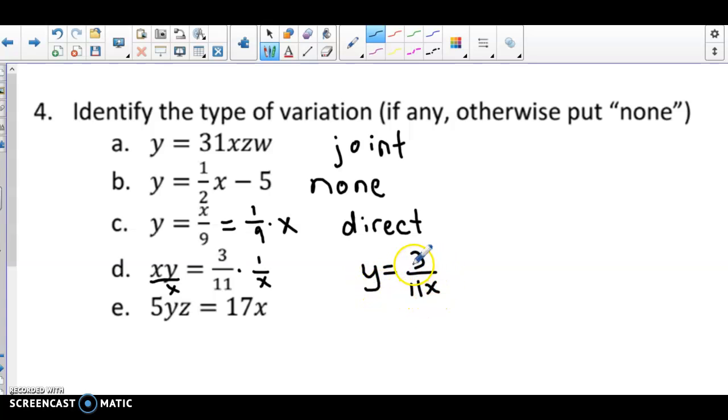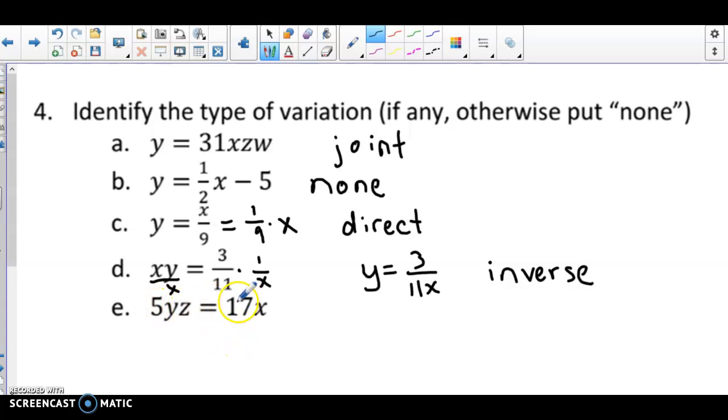So we've gotten this into our form. Our k could be 3/11, but either of these will work. We have x in the denominator. We're dividing our constant by x. So that means it should tell us it's an inverse variation. A lot of this is just seeing where our x and our y are in relation to each other.